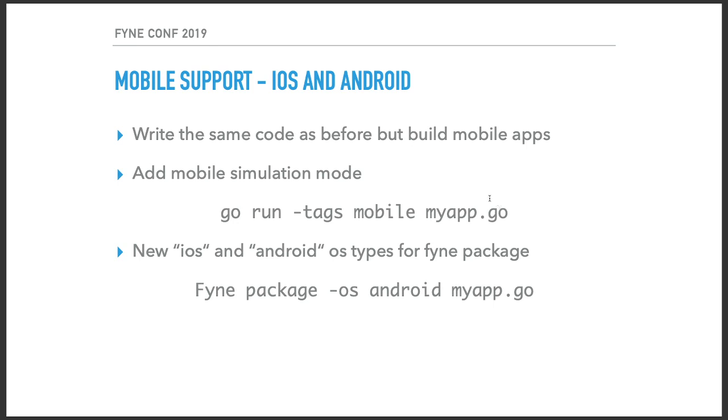We have added a mobile simulation mode as well, which will be very helpful in working on your applications before you even have to worry about packaging for mobile devices. It's in a tag called mobile, and you can simply run that on your existing code base with go run -tags mobile and then your source code, and that will load a mobile simulating window on your desktop.